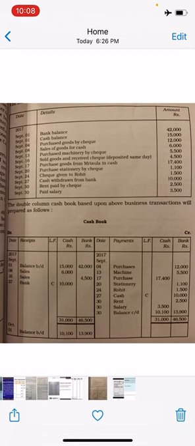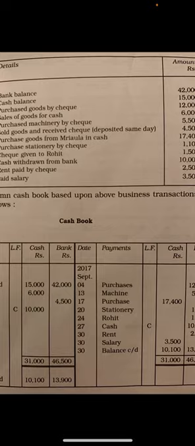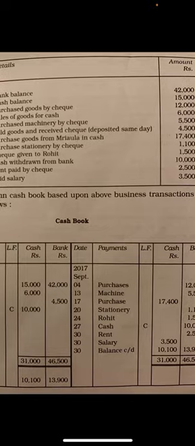Consider the following example. The following transactions relate to MS Tools India. The date is 2017. Bank balance is 42,000. I have told you in your cash book, whenever there is an opening balance, it has to be entered on the debit side as balance brought down.